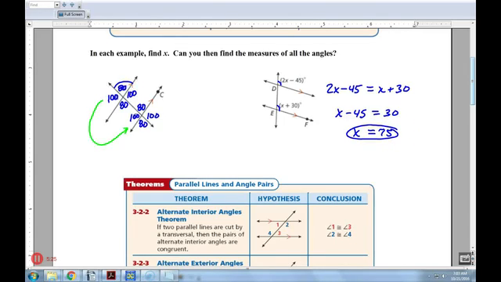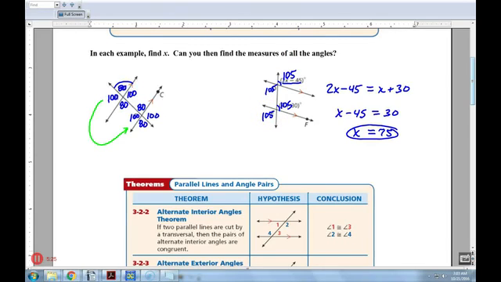Then I can go back and substitute 75 in to find out the true angle measures. For instance, in this first expression, 2 times 75 is 150, subtract 45, that's 105 degrees. So immediately I know that this is 105 degrees. Because of vertical angles, I can fill in the kitty corner angle here.